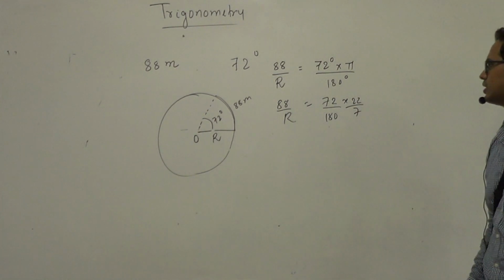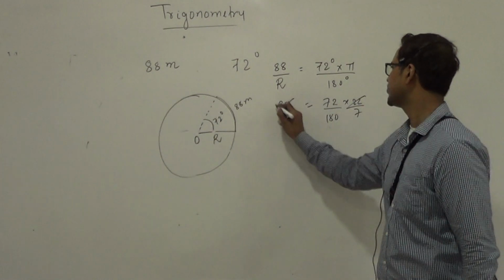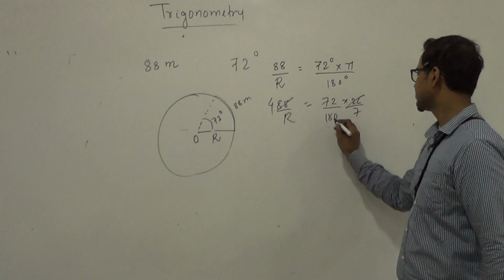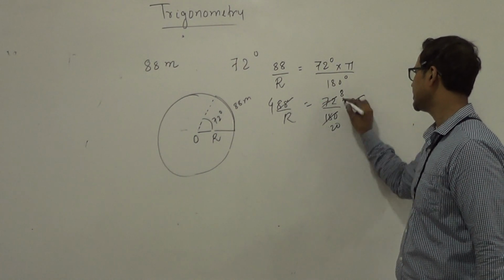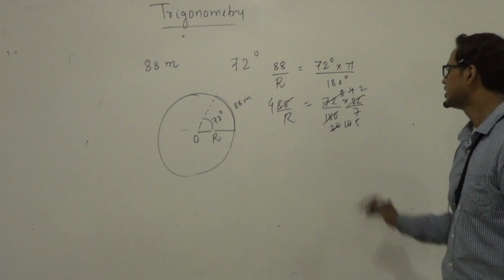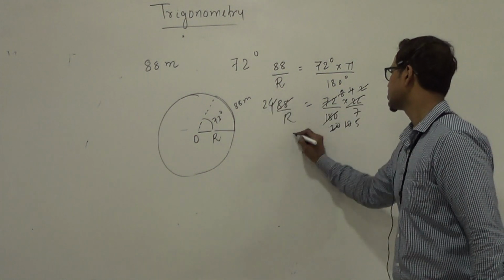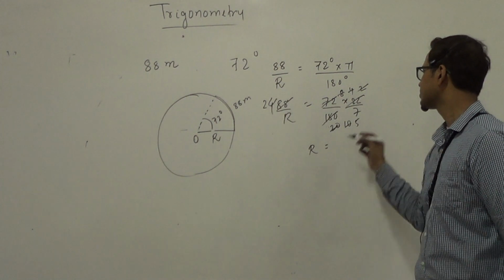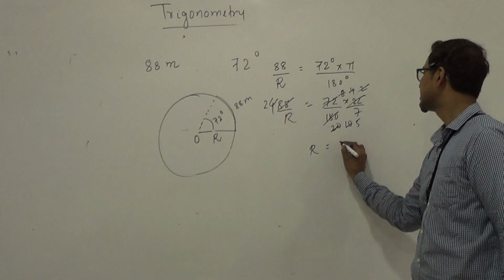Let's simplify. This will go by 4, this will go by 2. So r will become 70 meters.